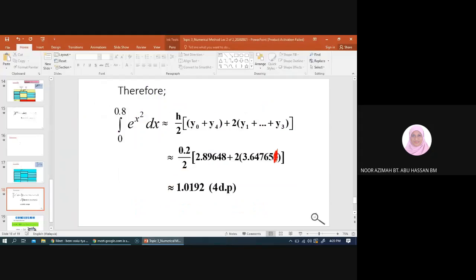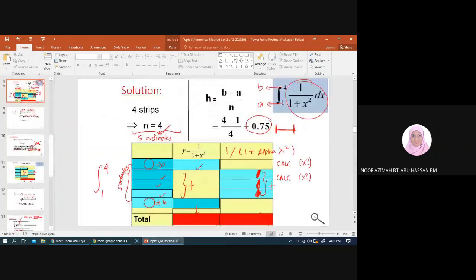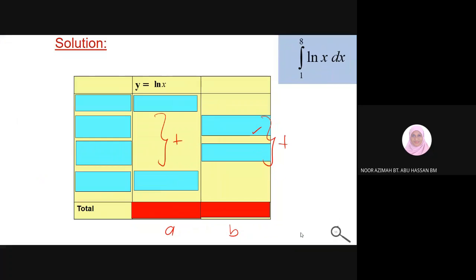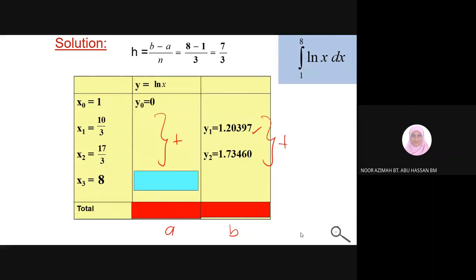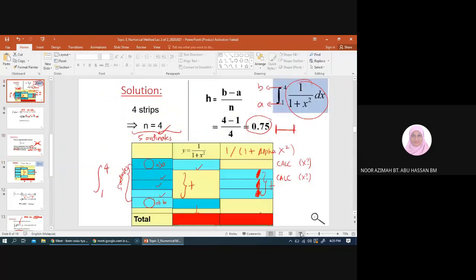Okay, so sebelum kita stop, kita tengok jawapan yang saya cancel tadi tu. Ada yang apa? Ni. Hasil bundaran dia tu. Jawapan akan lari sikit lah daripada jawapan akhir. Okay. Example ni ke? Bukan. Which example? Oh, this one.